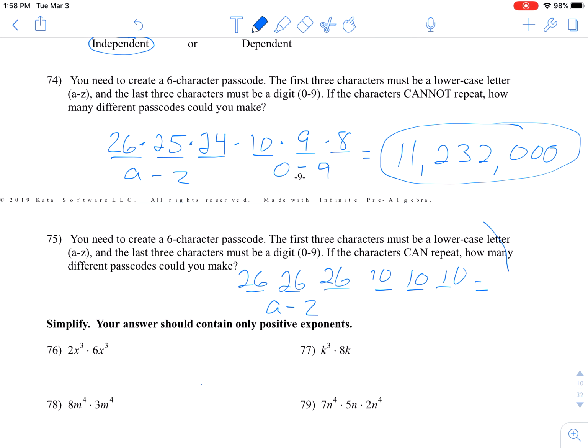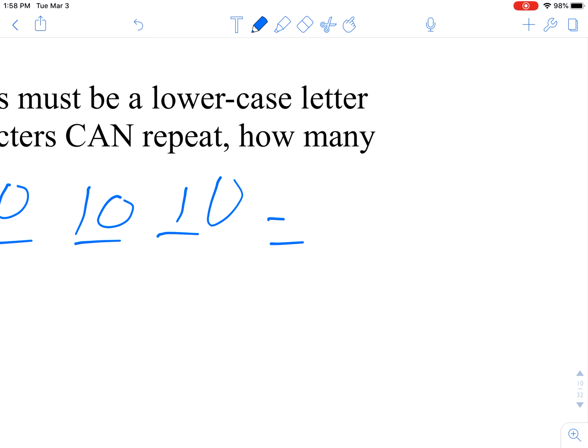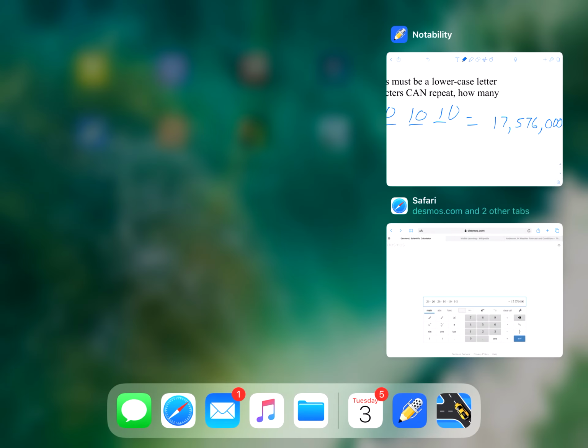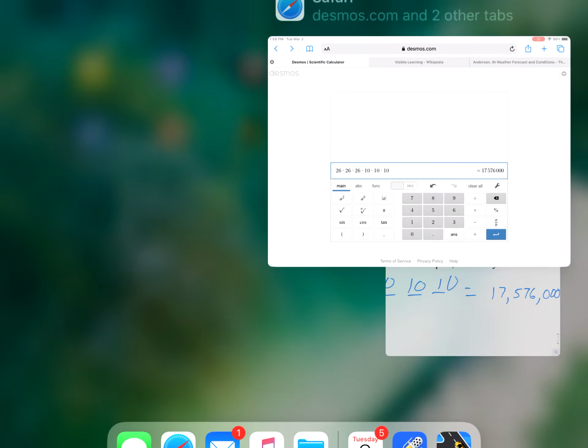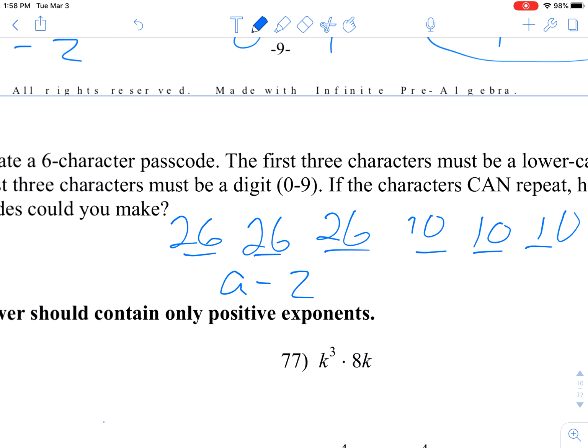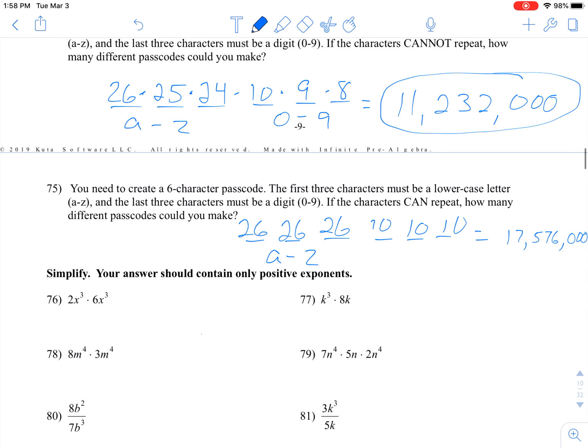So this is going to be equal to 17,576,000. Double check your calculator, make sure you typed it in correct. I did. We're good. So for the second passcode, we could have 17,576,000 different combinations.